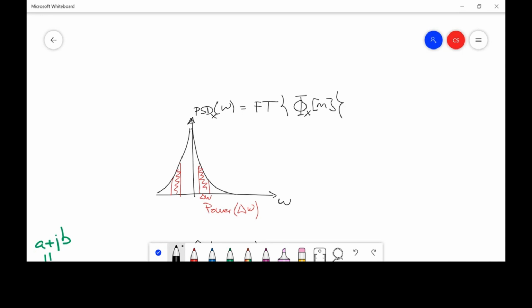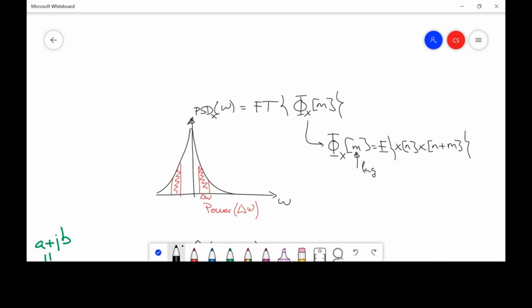So this is the autocorrelation. How do you define the autocorrelation? In particular, this is called a lag. This is the expected value of x of n times x of n plus m. Okay, so what does it mean?